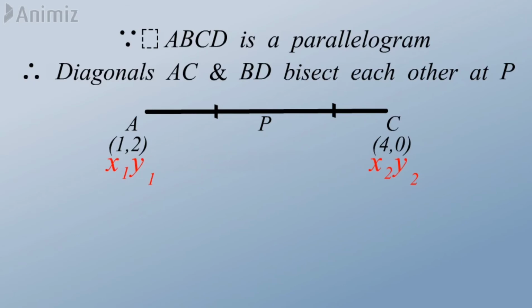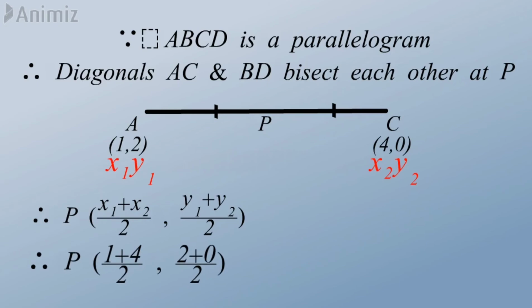Now since P is the midpoint, you have to apply the midpoint formula to find out the coordinates of P. So you know this midpoint formula, x1 plus x2 by 2 and y1 plus y2 by 2. Now substitute the values, you will get 1 plus 4 by 2 and 2 plus 0 by 2, which will give you 5 by 2 comma 2 by 2. 2 by 2 you can reduce. So the coordinates of P will be 5 by 2 comma 1.